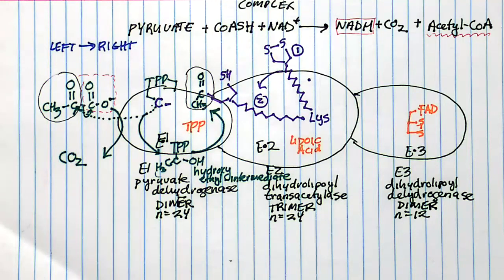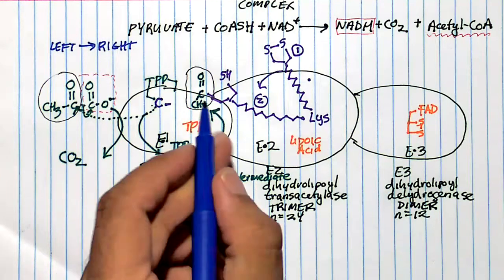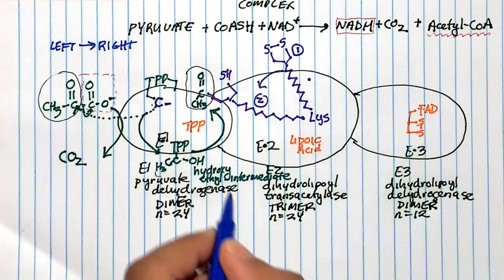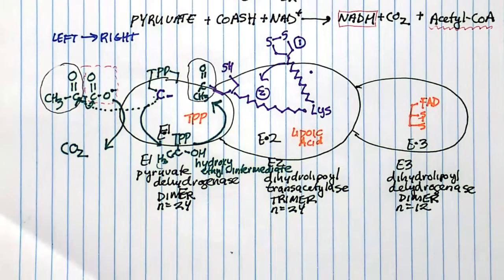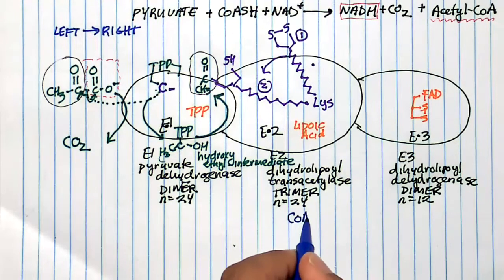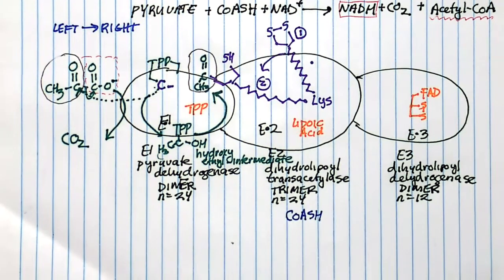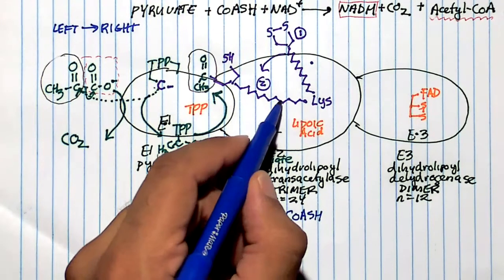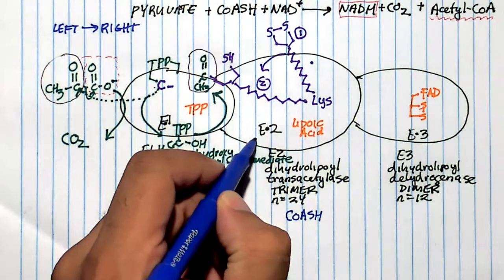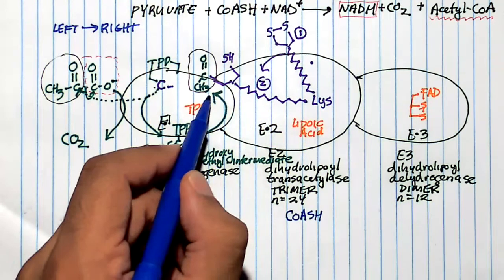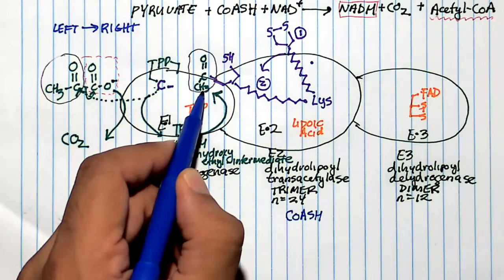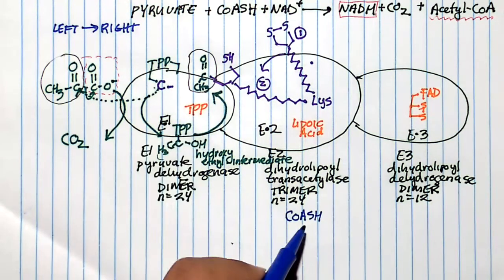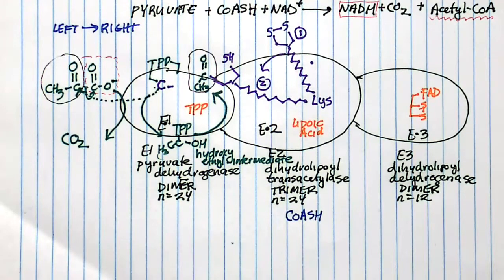It's going to come in the form of CoASH. So here comes coenzyme A. And now this lipoic acid will go into step 3 and donate that acetyl group to coenzyme A. So that is going to look like this.